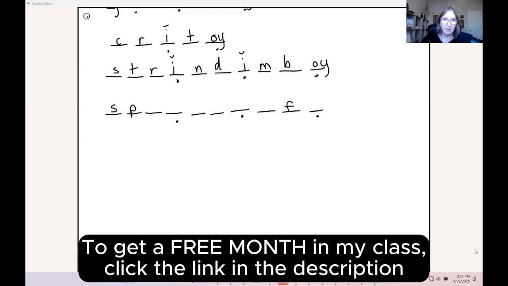S, p, l, I, st, I, n, f, oy. The hardest part of spelling is separating these sounds. If you can get the right number of sounds and then the right sounds dotted, the rest is easier.